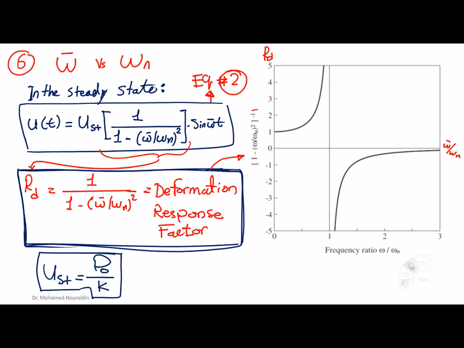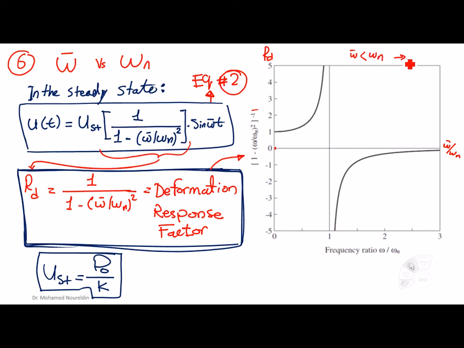From the equation here, if you plot it, you're going to find that here it is 0, right? This means that when omega bar is less than omega n, what will happen?